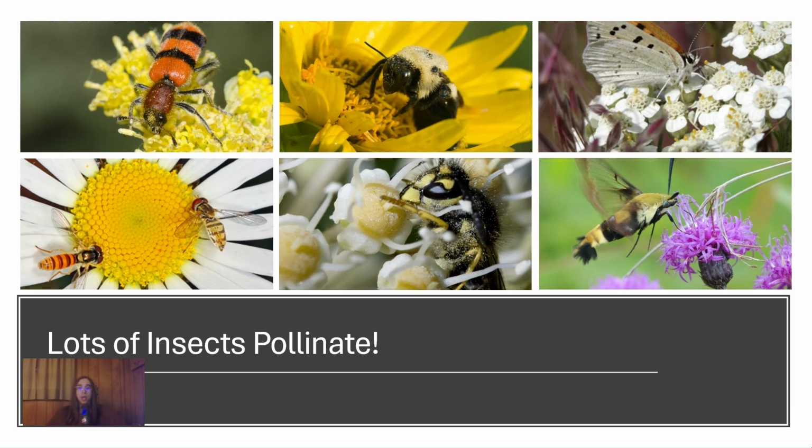In Western North Carolina, where I'm based, they're an extremely important pollinator. But yeah, I just want to make sure that I stress that it's not just bees and butterflies that pollinate, but lots of other insects do as well. And this gets into promoting diversity, which is a whole other topic.